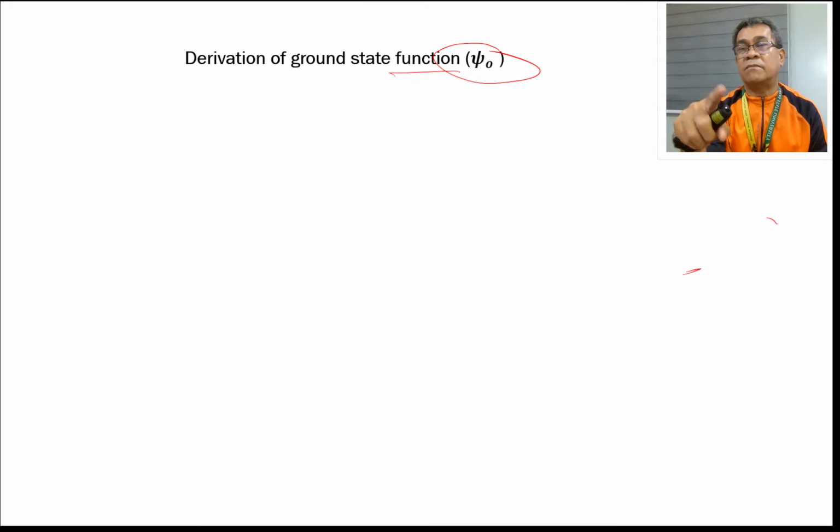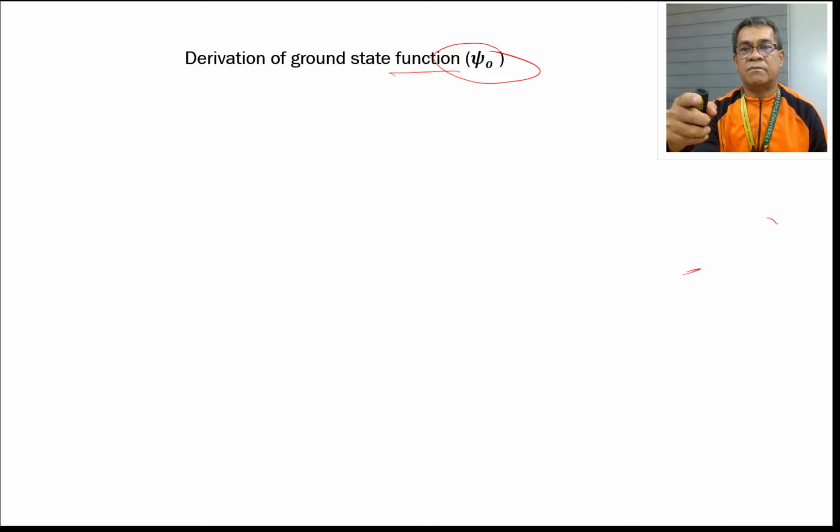Looking at the problems that we solved previously, the probability of the ground state is close to 90%, or 80% or more, so the rest are coming from the others. There is a big probability if we know the ground state. And if you know the ground state, then you can find the next level. So the ground state is very much important.